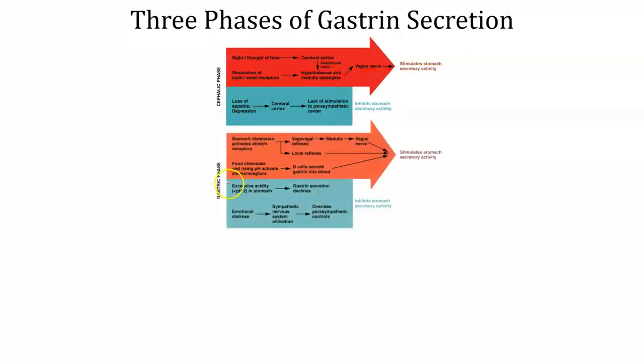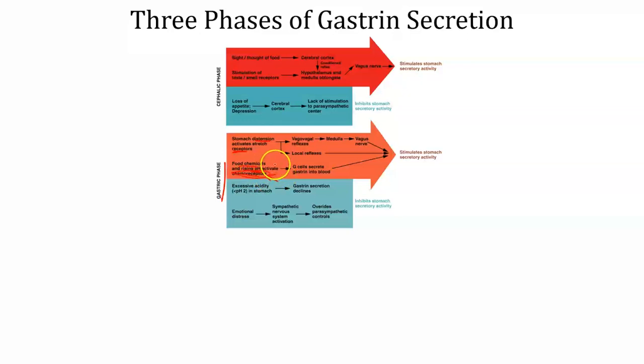Okay, there is the gastric phase, and this is involving the stomach. So what further increases gastrin secretion would be if the stomach is distended. That will activate the stretch receptors. Other signals would be food chemicals and rising pH levels. There are chemoreceptors inside your stomach, and chemoreceptors all along the alimentary canal, and they're monitoring pH.